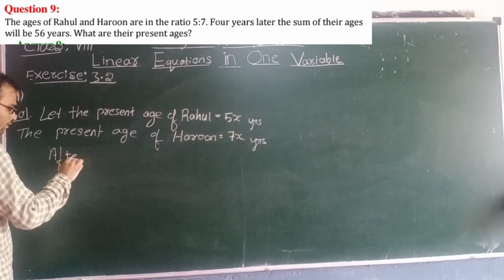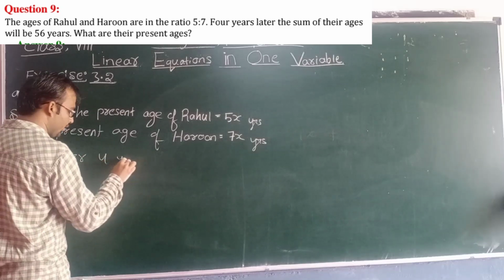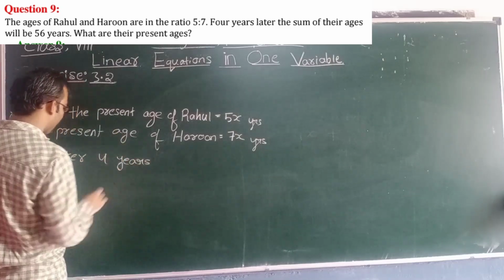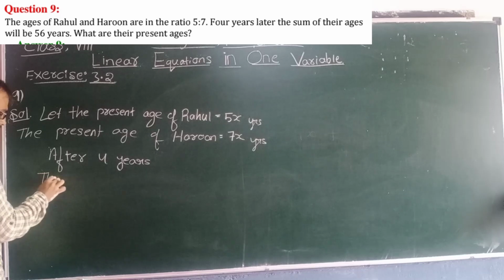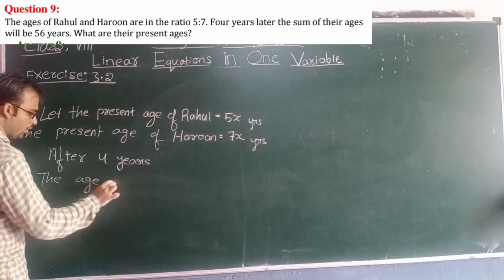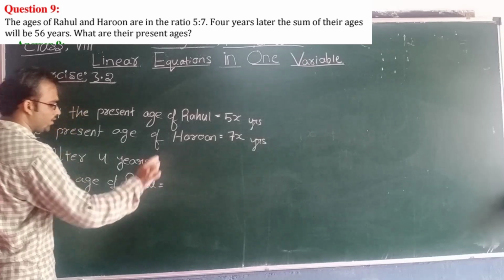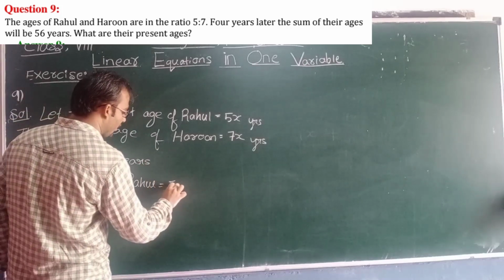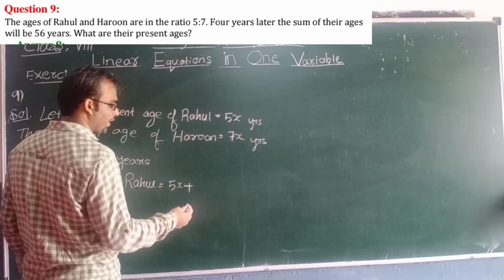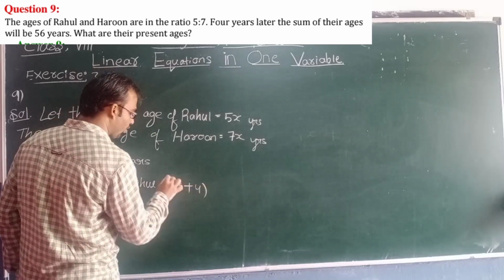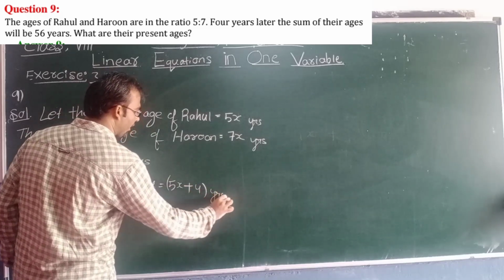After 4 years. So now after 4 years, the age of Rahul. Students, if the present age of Rahul is 5x, means what will be his age after 4 years? 5x plus 4 years.